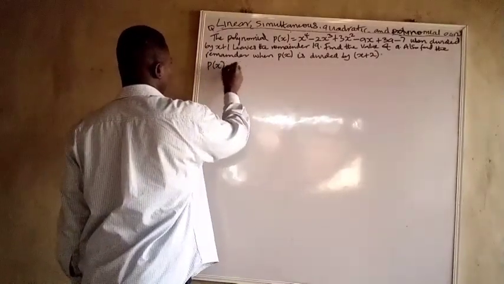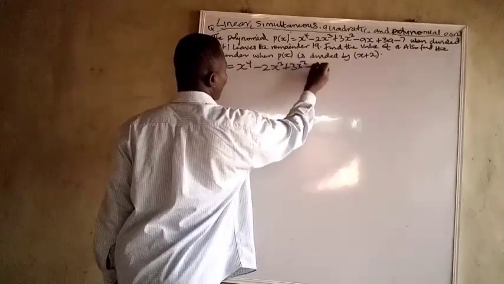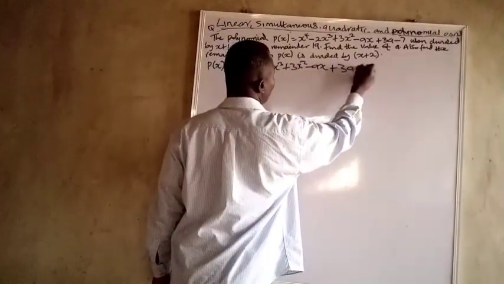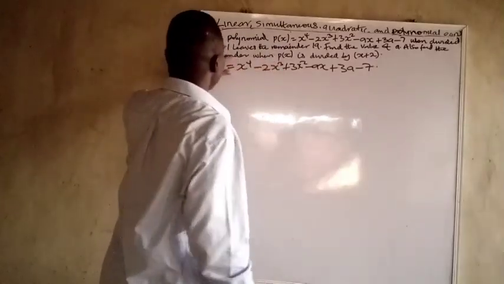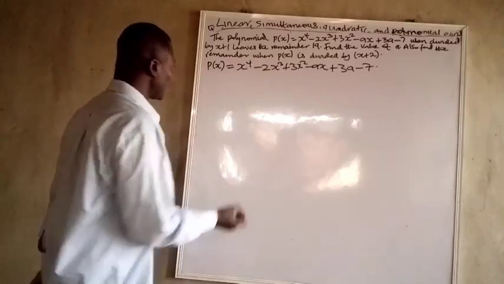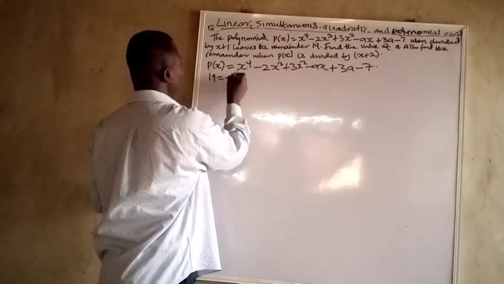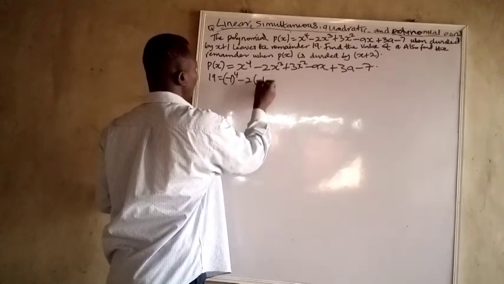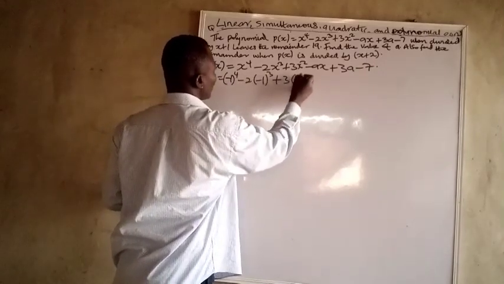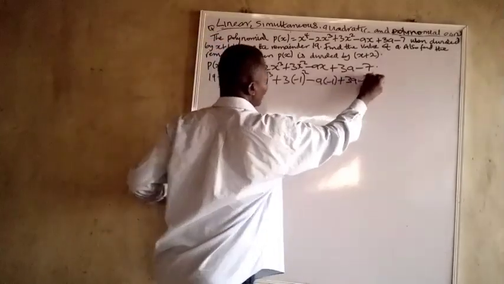We know the remainder theorem. The polynomial is x to the power 4 minus 2x cubed plus 3x squared minus ax plus 3a minus 7. When divided by x plus 1, it means that when we substitute minus 1 into this equation, it's going to give us 19 by the remainder theorem. So 19 will be equal to minus 1 to the power 4 minus 2 into minus 1 cubed plus 3 into minus 1 squared minus a into minus 1 plus 3a minus 7.